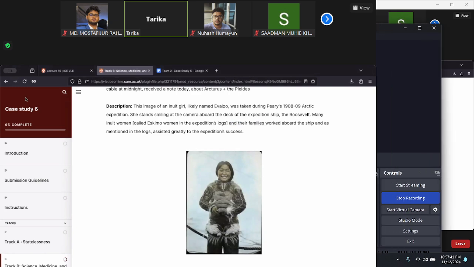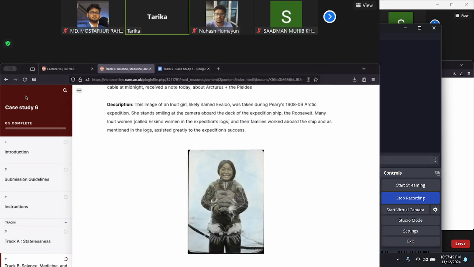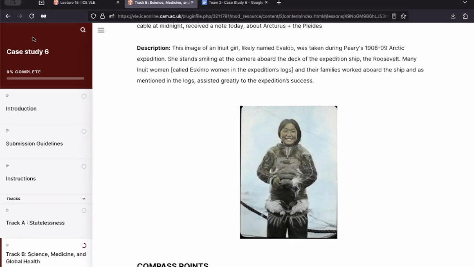Jim, I see that you've written she needs money, so she is working on the ship. So she may need money, but do we know if she's making money? Did she need money? We don't actually know that from the source. So I would hesitate to do that kind of guesswork. It might be an educated and a good guess, but this source isn't actually giving us that information.